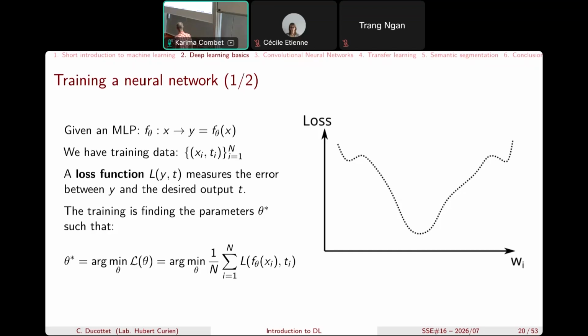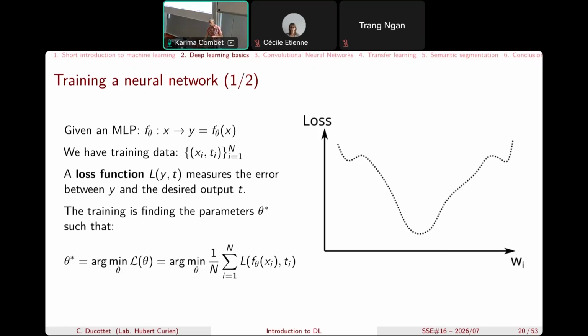We want to find the set of parameters theta in such a way that we minimize the loss L. Here, if we represent the loss function in 1D, of course, you could imagine that it is a very high dimensional function, because the global number of parameters is very high. It could be several millions of parameters.